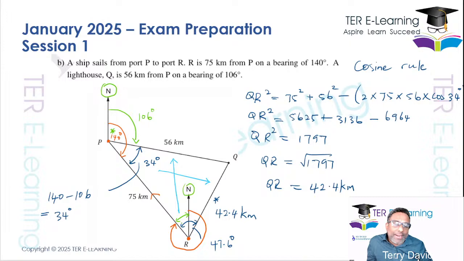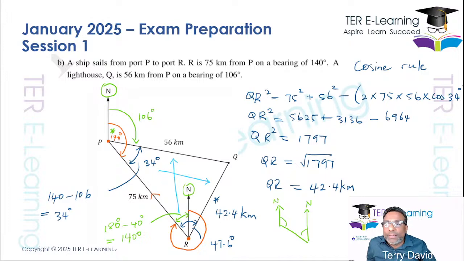Whenever you have two parallel north lines, when I add up this angle plus this angle, they're going to add up to 180. So I can work out this green angle here. This green angle is 180 minus 40.